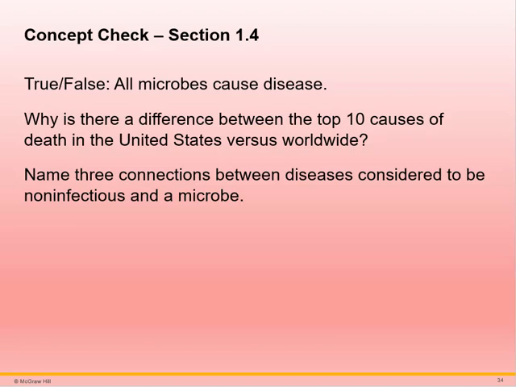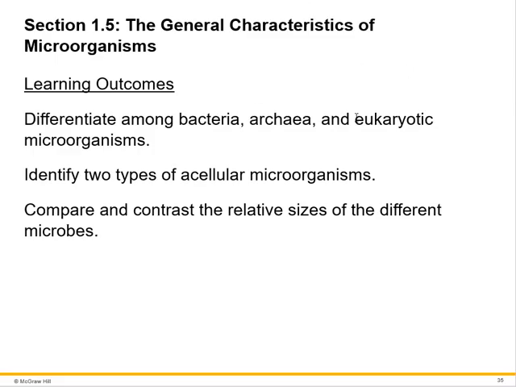So section 5, we're going to look at the general characteristics of microorganisms. There are just a few things we want to talk about: the difference between bacteria, archaea, and eukaryotic microorganisms, just in a really general way right now because we're going to talk more in detail about these in Unit 2.